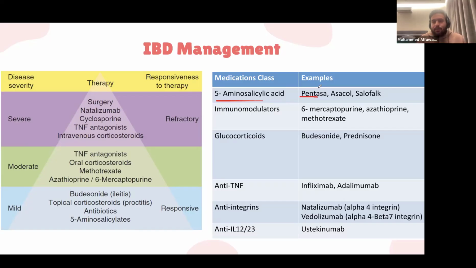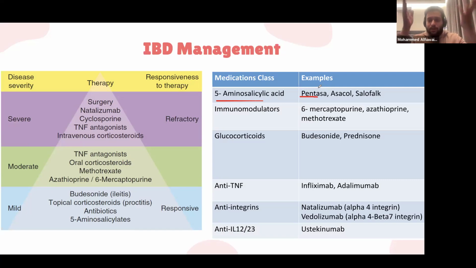And usually, when we're inducing therapy in IBD, we use steroids. The goal of the management of IBD is to try not to use steroids as much, because steroids are associated with many, many complications and side effects.